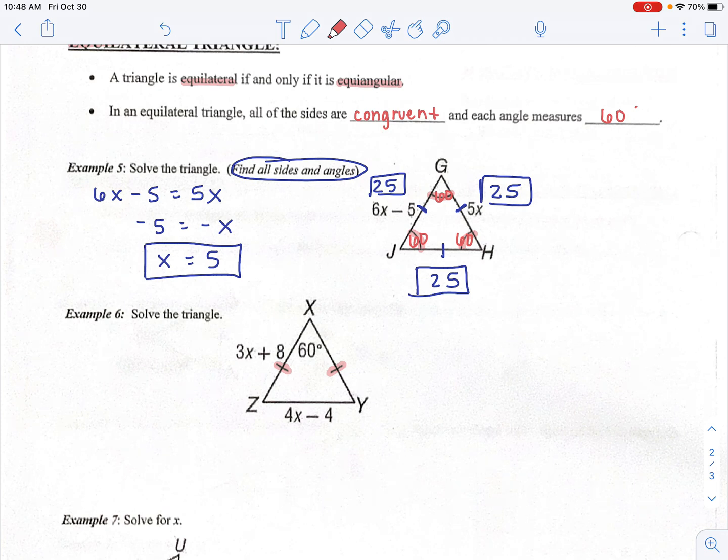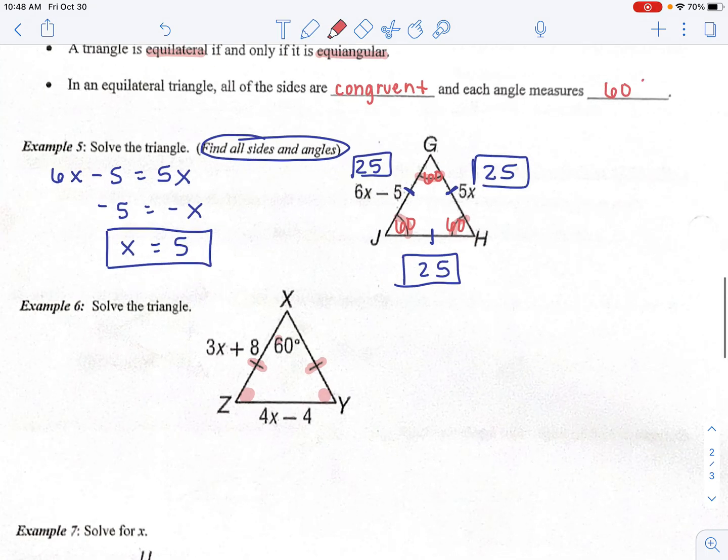All right, example 6. This one says that these two sides are equal. So this is an isosceles triangle, which means the angles opposite of them should be equal. So this angle should be the exact same as this angle. But we don't know what those are, so we're going to figure that out. I've already used up 60 degrees in this triangle, so I have 180 minus 60, which is 120.